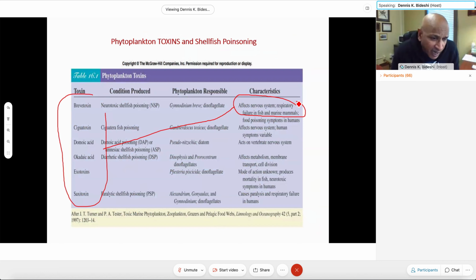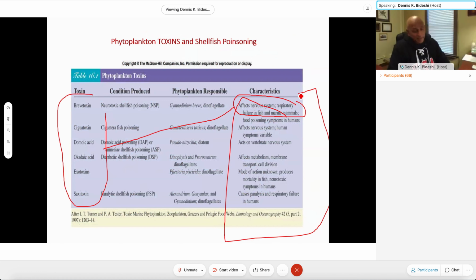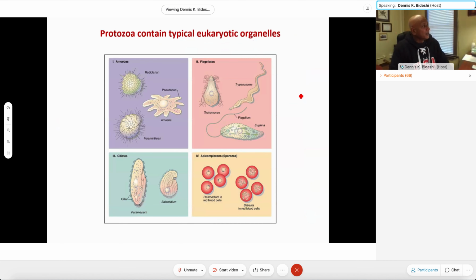Generally, most people survive, but there have been deaths linked to these organisms that produce toxins that accumulate in shellfish. All right, so keep that in mind. So the biggest problem would be paralysis, basically respiratory paralysis caused by the toxins that these organisms produce. All right, so I want to move away from diatoms that don't cause disease in humans.